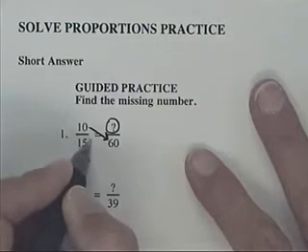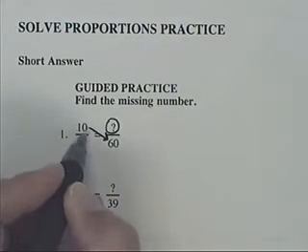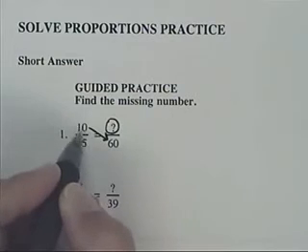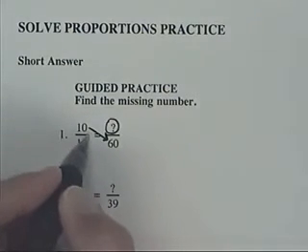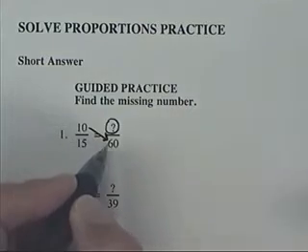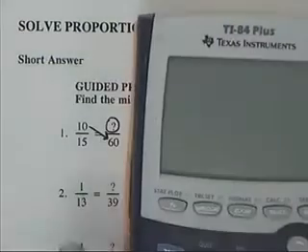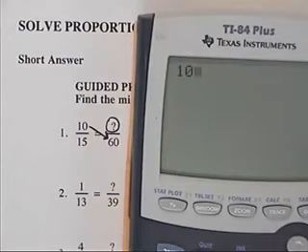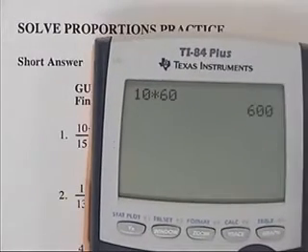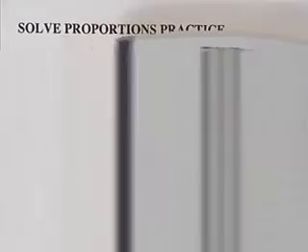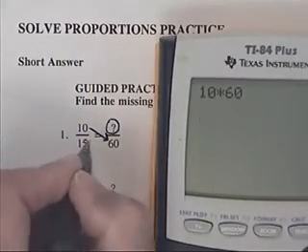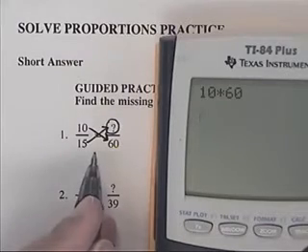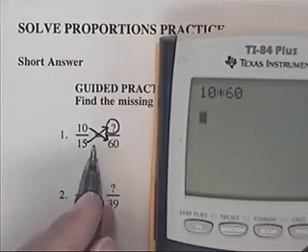So what we need to find out first is, what do I get when I multiply the 2 numbers that are diagonal from each other? Multiply 10 times 60 on the calculator, and 10 times 60 equals 600. Then that tells me that 15 times that number also has to equal 600.